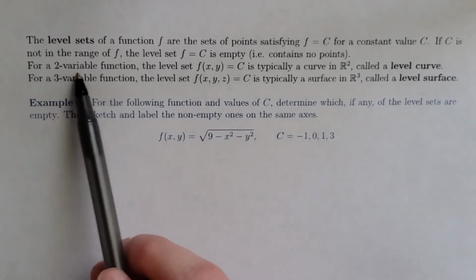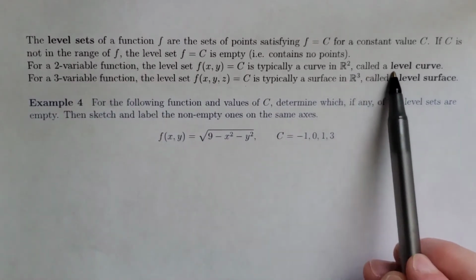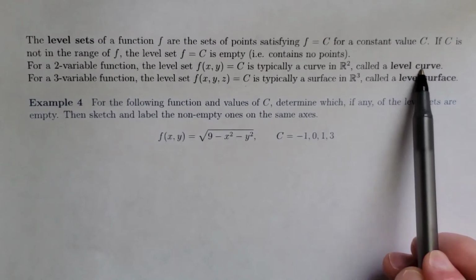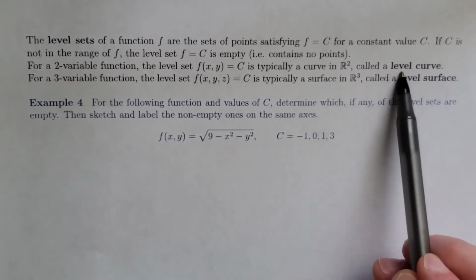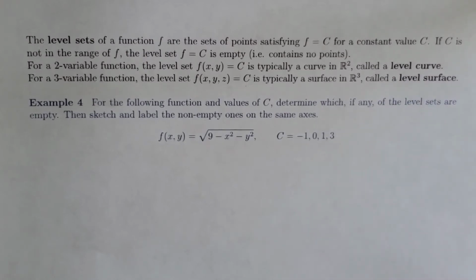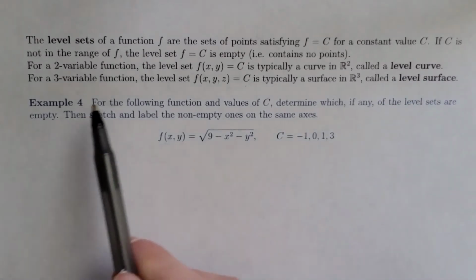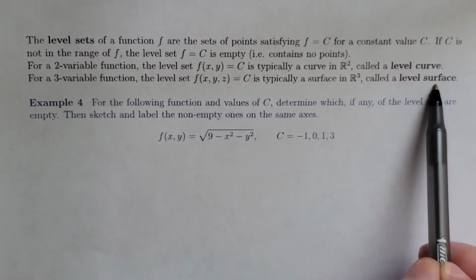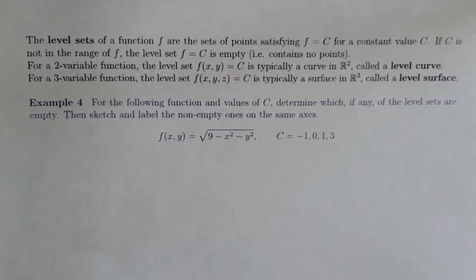So again, for two variable functions, we will have a level curve. So we'll have a curve in two dimensions, which is essentially the domain that corresponds to a particular output value. And in three variable functions, we'll have a level surface. So our domain now is going to be a surface in three dimensions, corresponding to a particular output value.